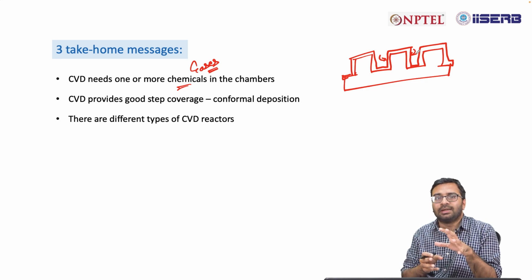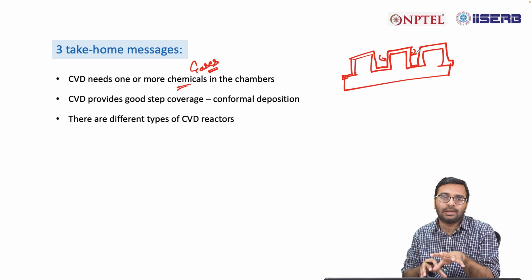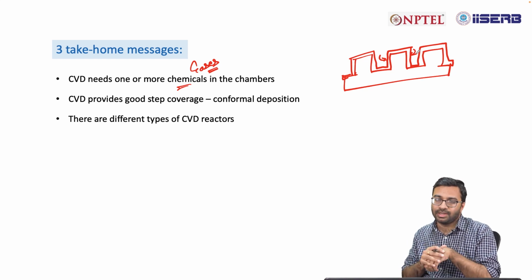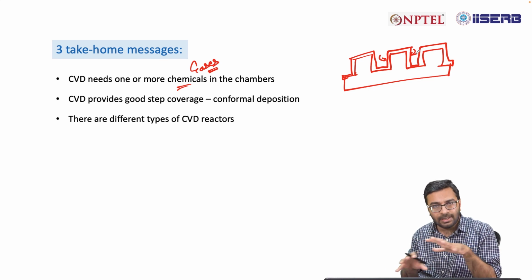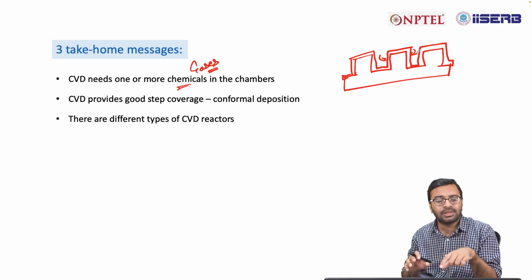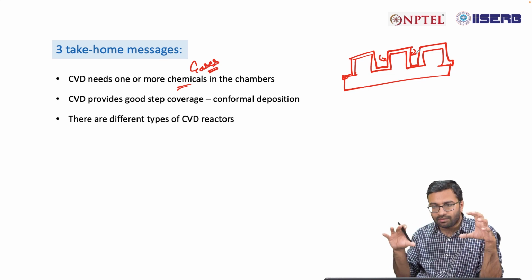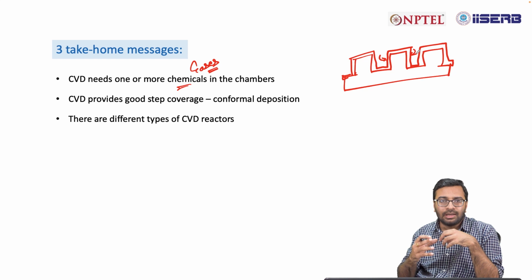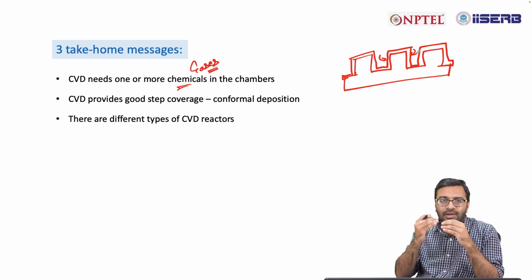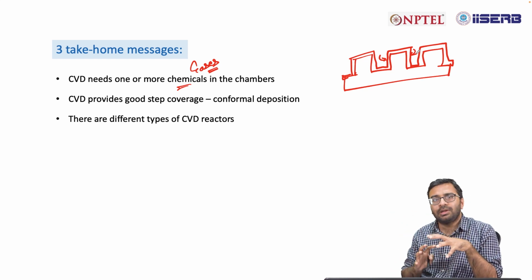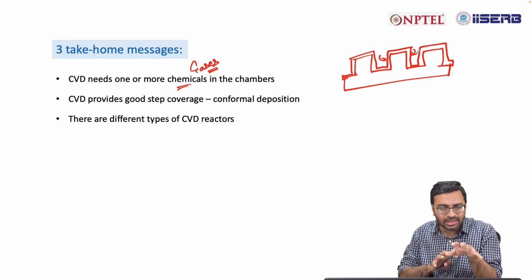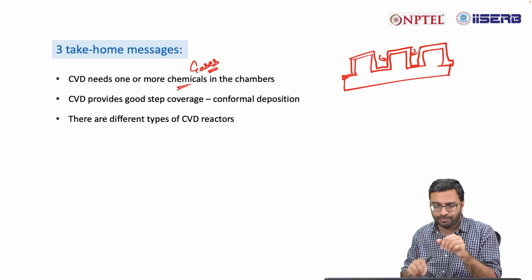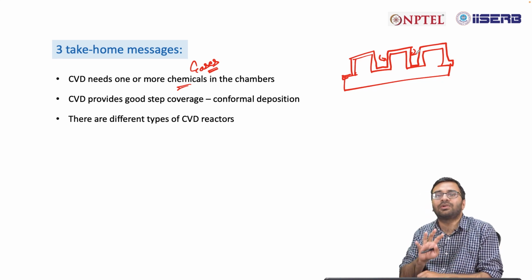That's why I thought it would provide a different perspective towards that deposition technique. Otherwise, the deposition technique is more or less the same in most of the processes, and people use different types of reactors. It can be in a tubular furnace, it can be in a furnace where different heating stages are there. So you'll find a bit of complexity is associated with the reactor, but the process is more or less the same, and reactors are designed based on the kind of deposition you want.